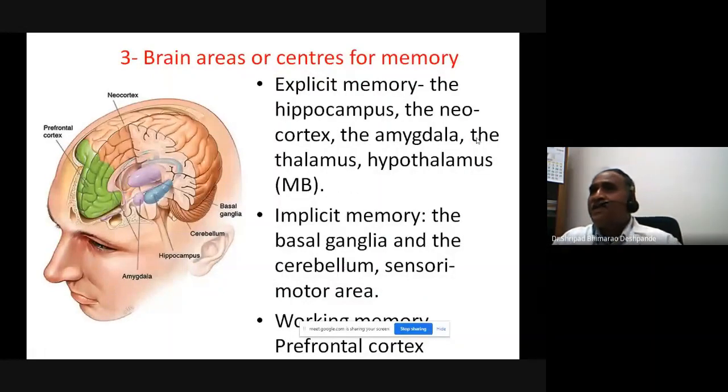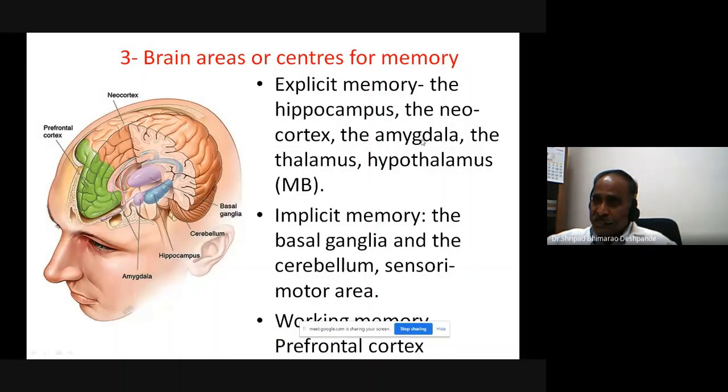What are the brain areas or centers for memory? Now let us consider the areas for explicit memory. Naturally, for explicit memory, hippocampus, here is the hippocampus, and the dentate gyrus there. Then amygdala. Hippocampus is the main structure.